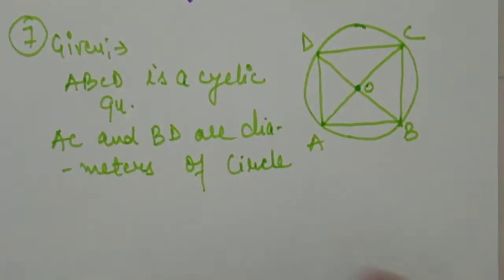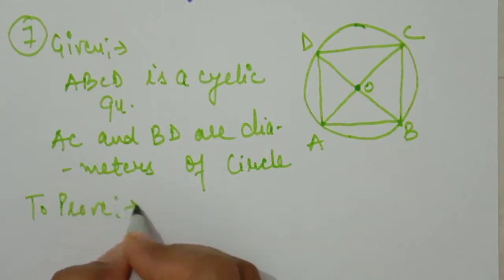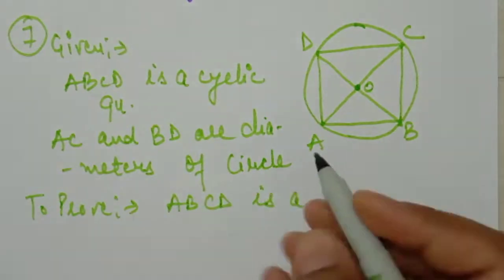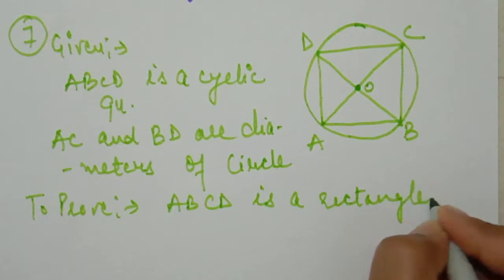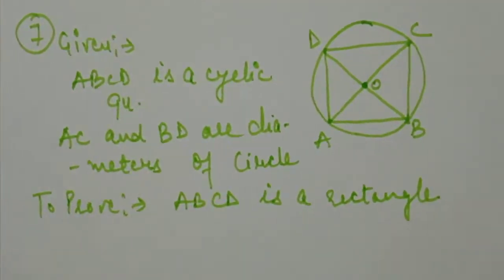And now what do we have to prove? To prove: ABCD is a rectangle. So students, first of all we have to prove two things in it.